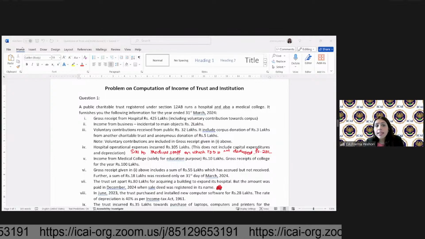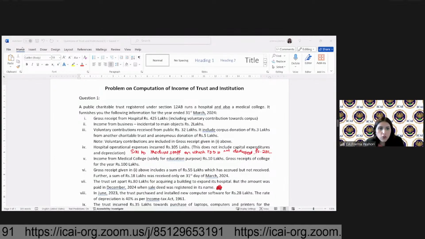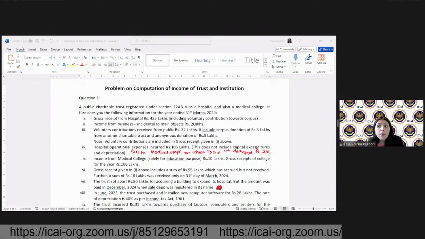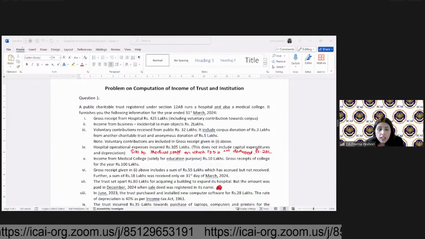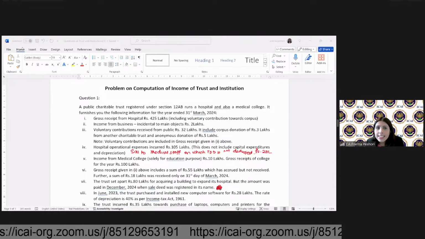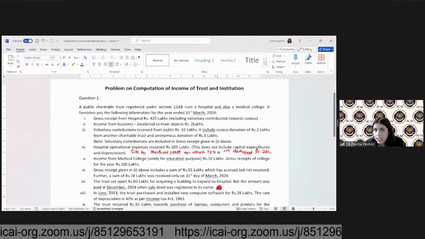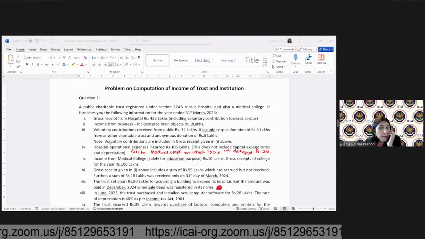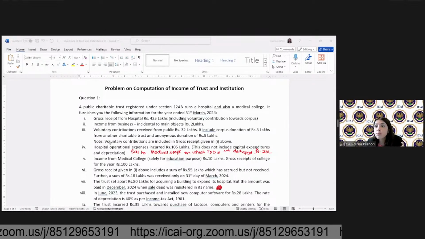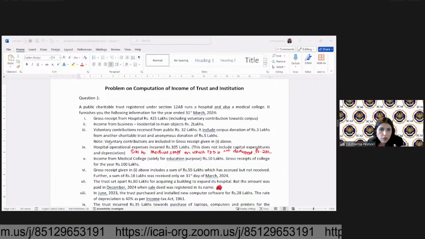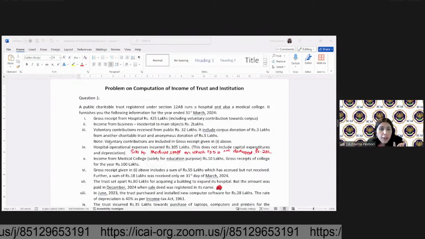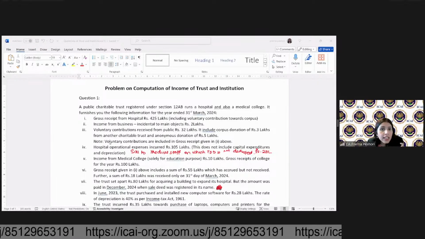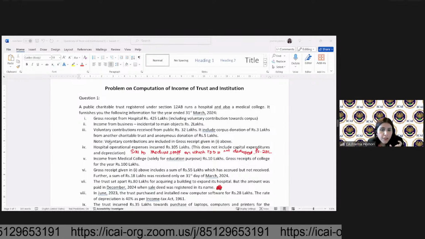Business income incidental to main object. Remember what did I tell you? Here, this particular trust is engaged in the business of running a hospital and a medical college. Now, if you have any ancillary income, what is the effect?